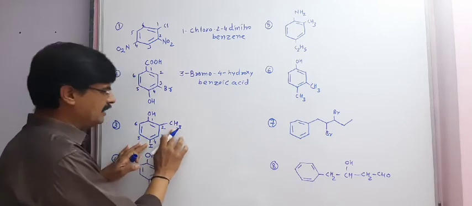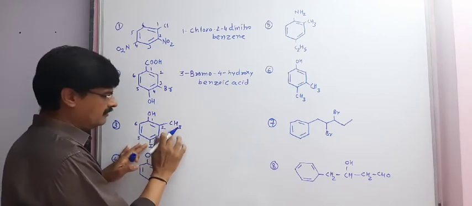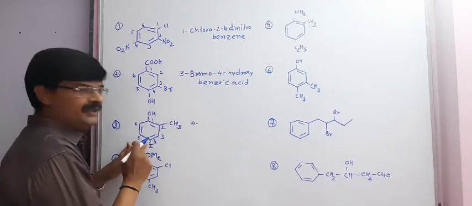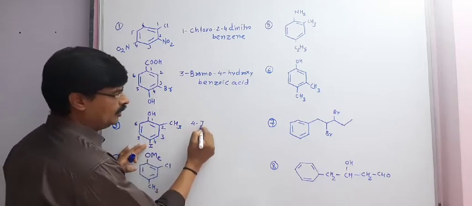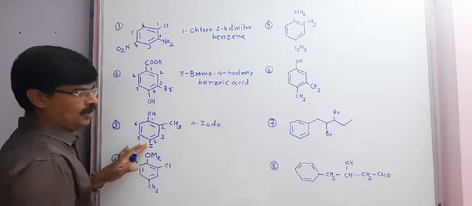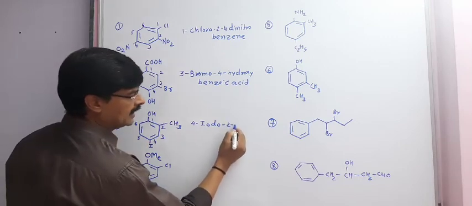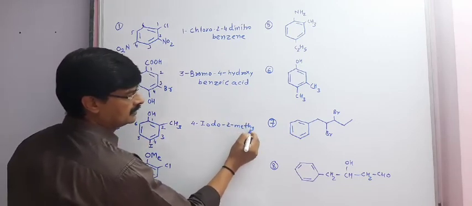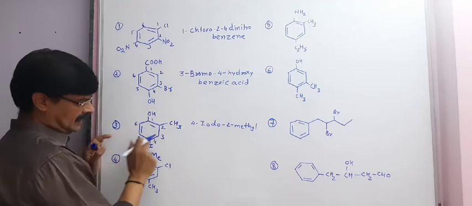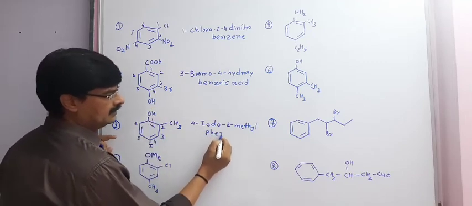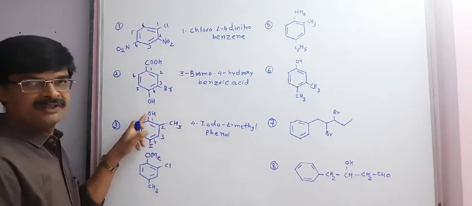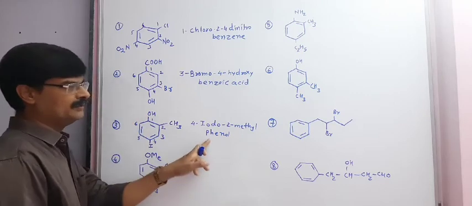But keep in mind the alphabetical order, so we say the IUPAC name is 4-iodo, 2-methyl phenol. Because of the OH presence on benzene, it is phenol.